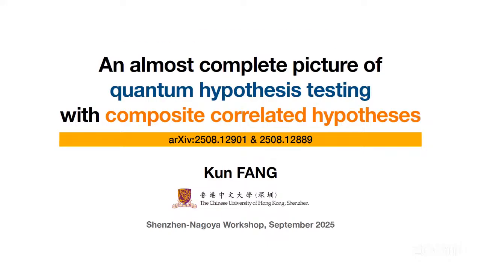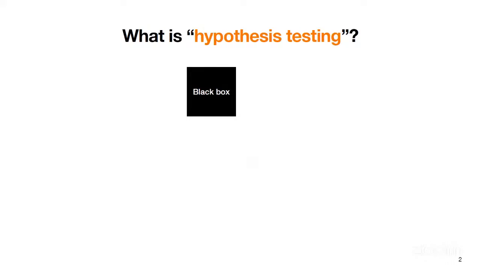So first of all, let me review a little bit what hypothesis testing is. Hypothesis testing says if we have a black box, and we don't know the working mechanism inside this black box, you can have two descriptions for its models. The first one we usually call the null hypothesis H0, or it can be another model which we call the alternative hypothesis H1.